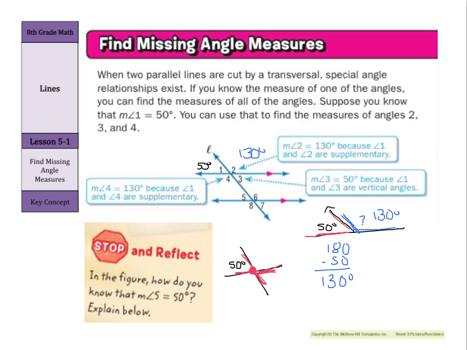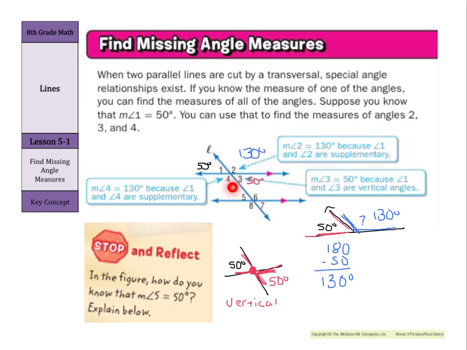So these two angles here and here are vertical, which means they have the same angle measure, so 50 degrees. So angle 3 is also 50 degrees, just like angle 1, as it says 1 and 3 are vertical angles, just like these two angles were vertical angles. And I'll go ahead and write in vertical here.